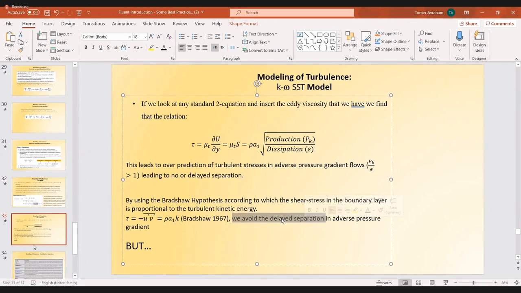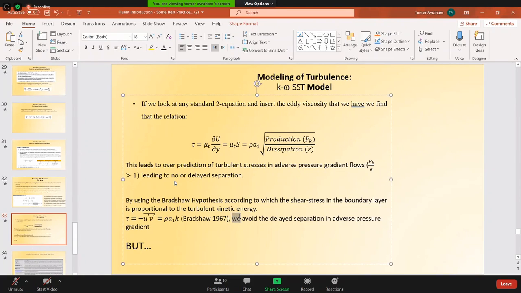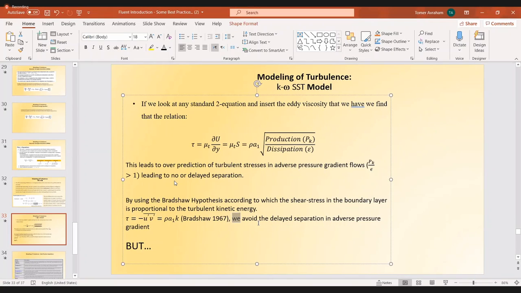But essentially, the publication of Menter was about aerodynamic flows. Aerodynamic flows of the regular type. And sometimes you can see that this A1 here is too rough in the case of the SST.